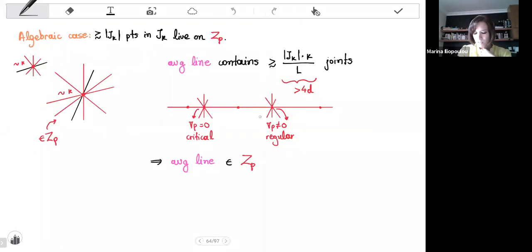And this tells me something interesting for the regular joints. In particular, I look at all the lines in the zero set through them. I know that the tangent space exists there. So all the lines must cluster on that tangent space to that zero set.